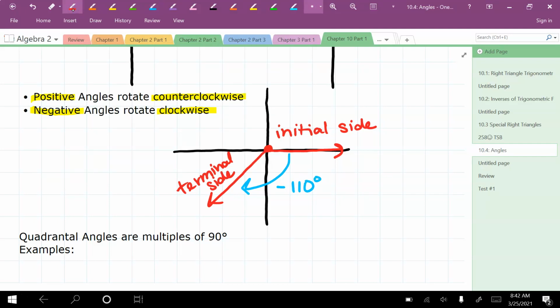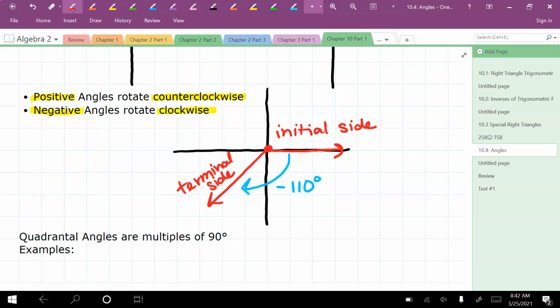Most of the angles you first talked about in geometry were acute angles, right angles, and obtuse angles. You probably didn't see anything more than 180 degrees because that's a flat line for an angle. Now we're going to be talking about more than that because we're talking about rotations. If I take something, I can rotate it all the way around. Think about the tires on your car.